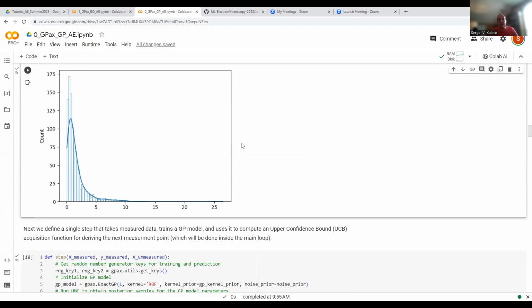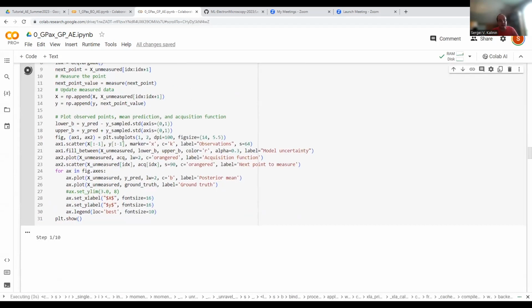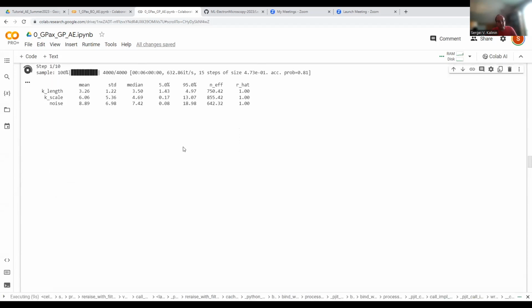High noise prior means that I don't trust my measurements whatsoever. I think they're very unreliable. Let's see how the algorithm behaves in this case. So we continue our evaluation. Let's see what happens. Notice that we chose the noise prior to be 10.